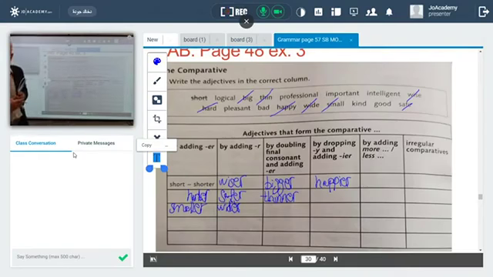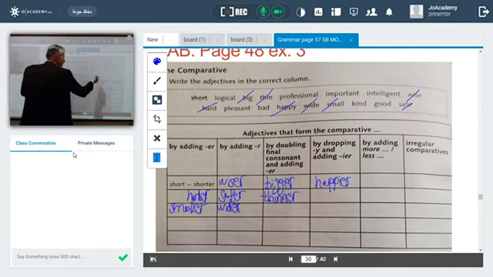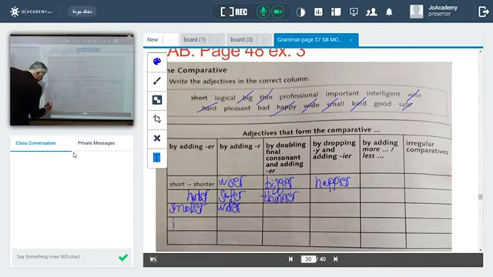Kind means latif. So if I want to make it ألطف أكثر لطفا, kind becomes kinder. Also with this group. Okay, kinder.